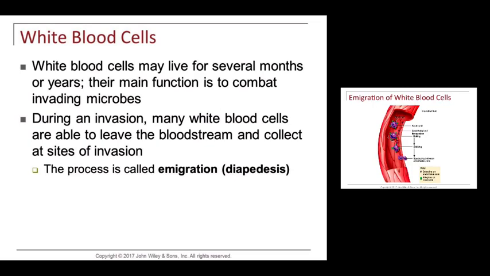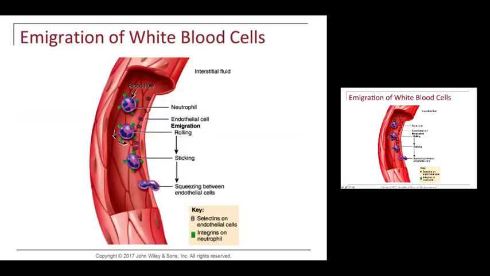When you look at the different steps of diapedesis, you'll see that blood is flowing, and then you can see the emigration process where it rolls and then sticks, and then it squeezes through the tight junctions. So it starts to roll against the wall, that endothelial layer becomes very sticky, and then it moves in to where the damaged tissues are.